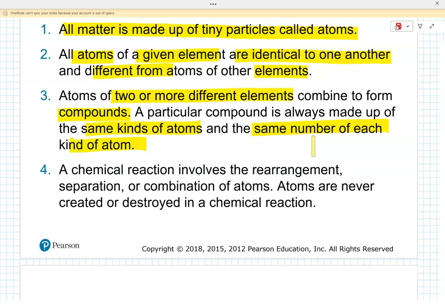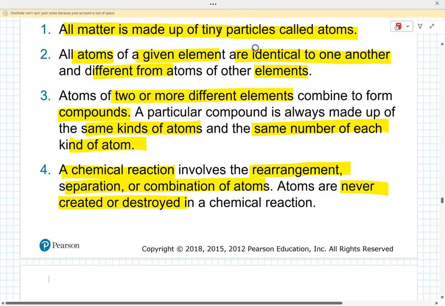See the example of water. Okay? Sounds good? And the definition of a chemical reaction is the rearrangement, separation, or combination of atoms. Atoms are never created or destroyed. Okay? Sounds good?